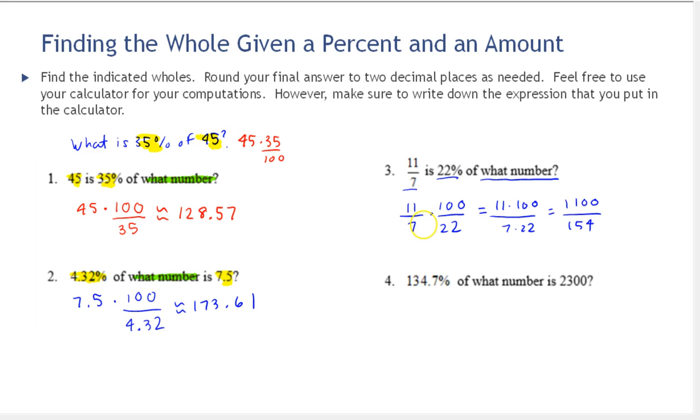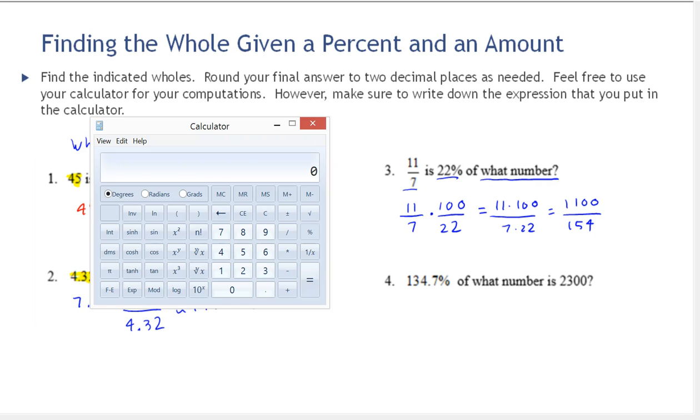But if you're going to start right from this expression, because here we multiplied the tops and then just divided by the number, but here there are two numbers in the denominator. So you can do this in one step, but you need to use parentheses. And just to be consistent, you don't really need parentheses for the top numbers, but I'm going to put them in there anyway. So I'm going to multiply 11 times 100 in parentheses. Remember, parentheses tells the calculator do this first. Then divided by, the parentheses in the denominator are absolutely required. We want 7 times 22, close parentheses.